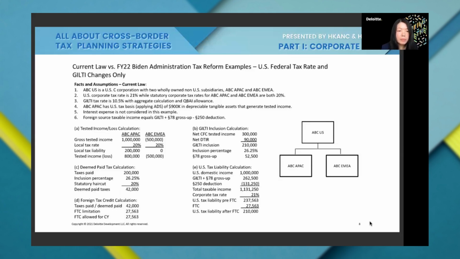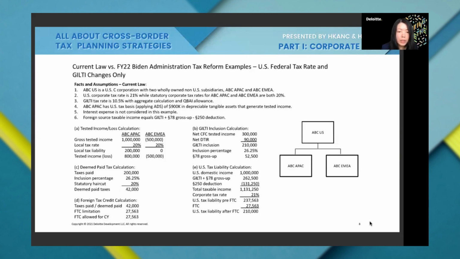The income is the same, the tax rates are the same, and local tax paid is the same because there are no changes to the local tax. It's 20%. But because of the U.S. federal tax rate changes and GILTI tax rate changes, in the middle column, the last row, you can see that the U.S. tax liability actually changed.